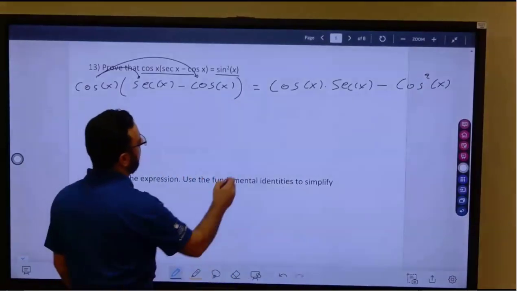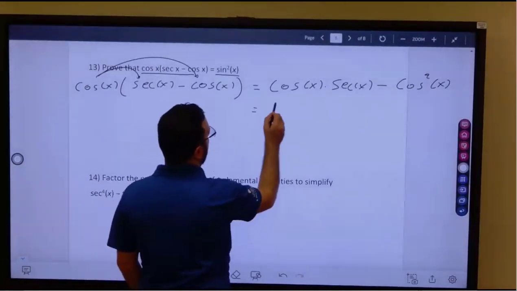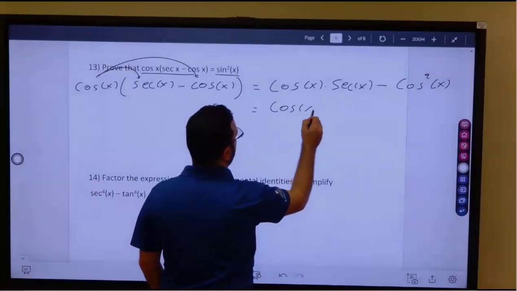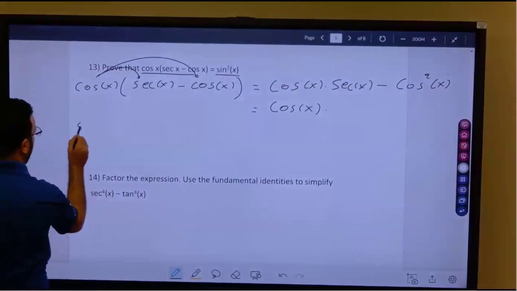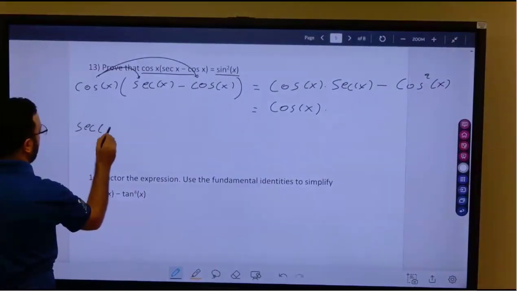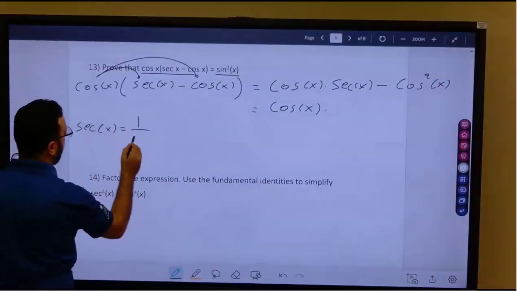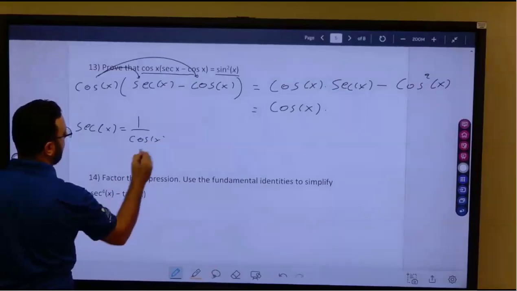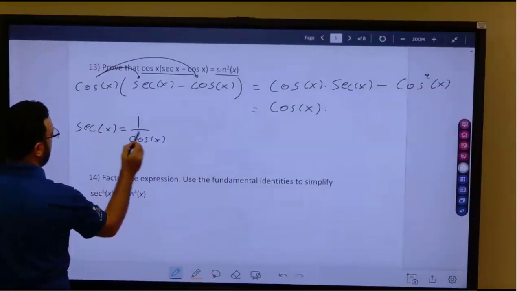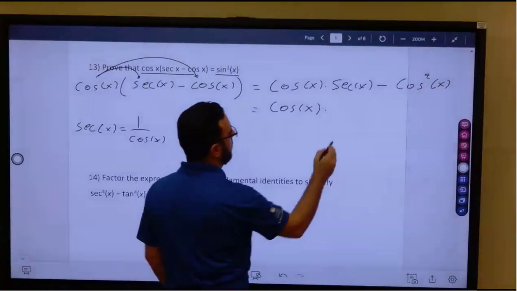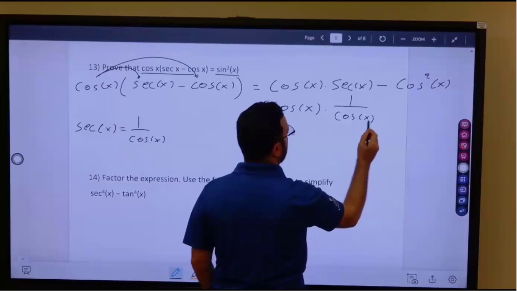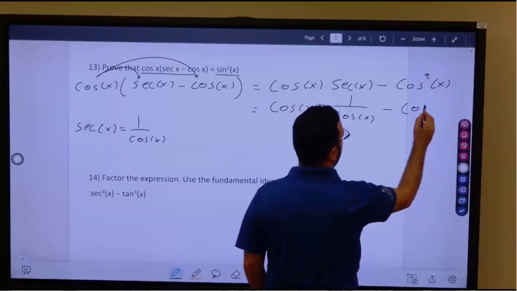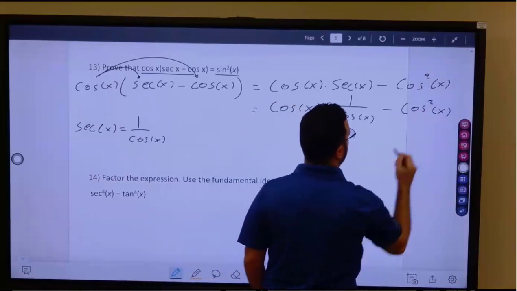Now next step, this one is going to be equal cosine x. I know that secant x equal 1 over cosine x. Secant is the reciprocal of the cosine, so here is going to be 1 over cosine x minus cosine squared x.